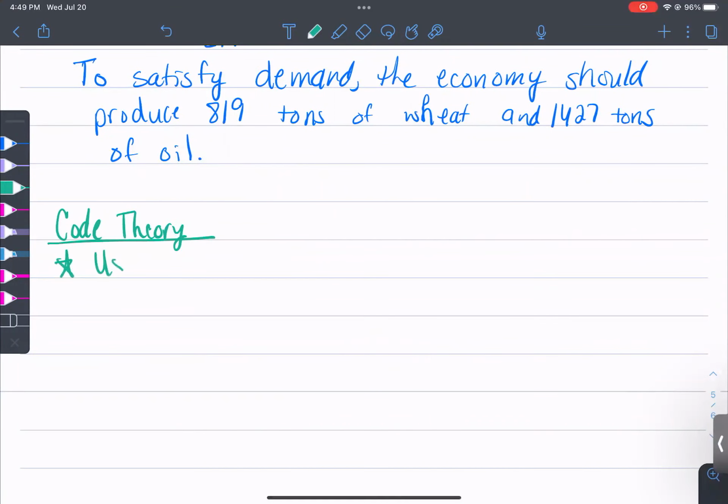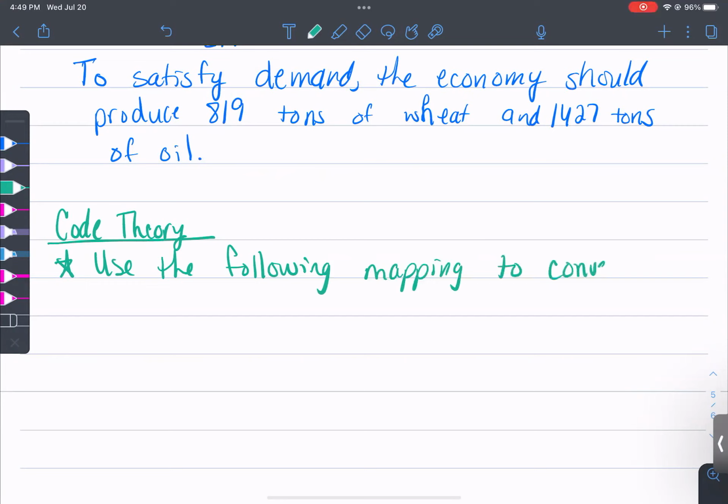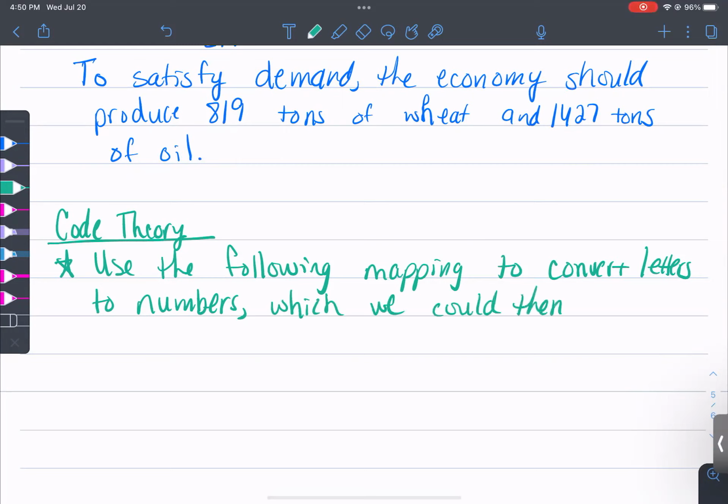For code theory, we will use the following mapping that I'm about to give you to convert letters to numbers, which we could then use matrices to send secret messages.